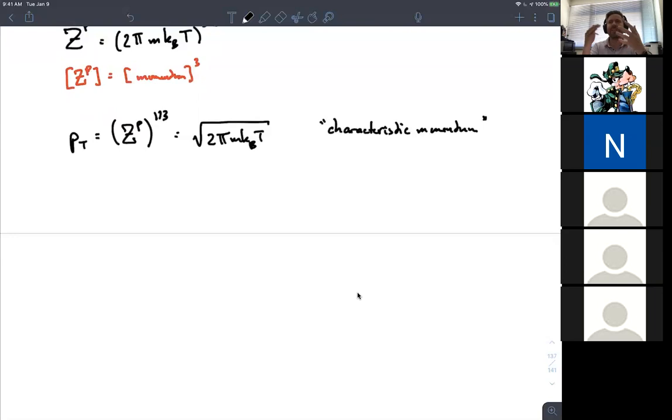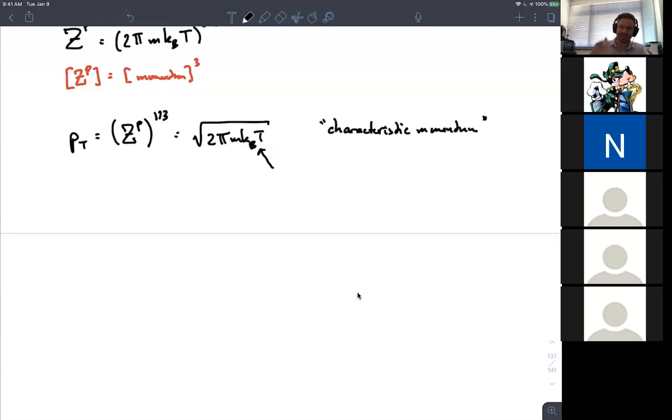So you've got a bunch of particles that are bouncing around at some temperature T. At that temperature, again, kind of on average, you can expect those particles to have a momentum that looks like this. Now we know from quantum mechanics that if a particle has momentum, it also has a wavelength.